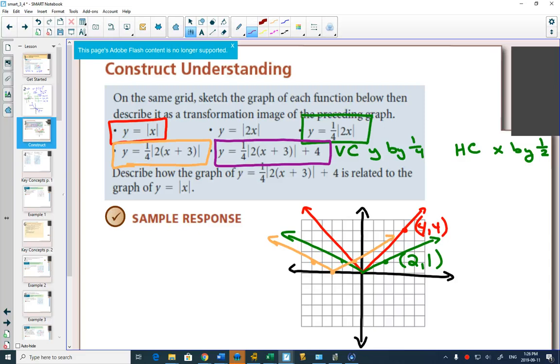Plus 4 will move it up 4. So our final orange graph, to get the purple graph, we have to move things up 4. 1, 2, 3, 4. And there's our final graph.